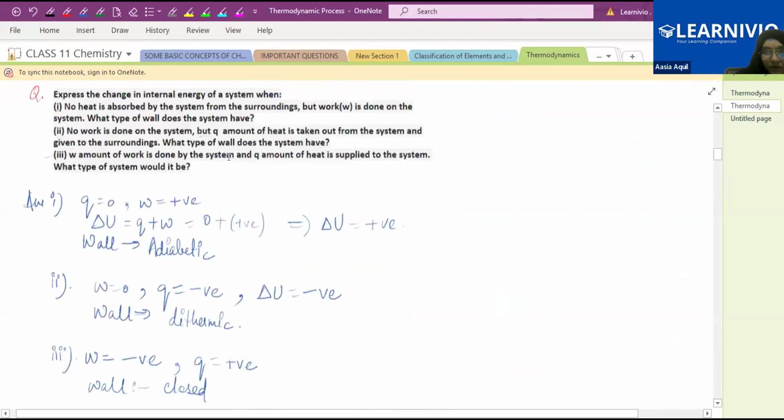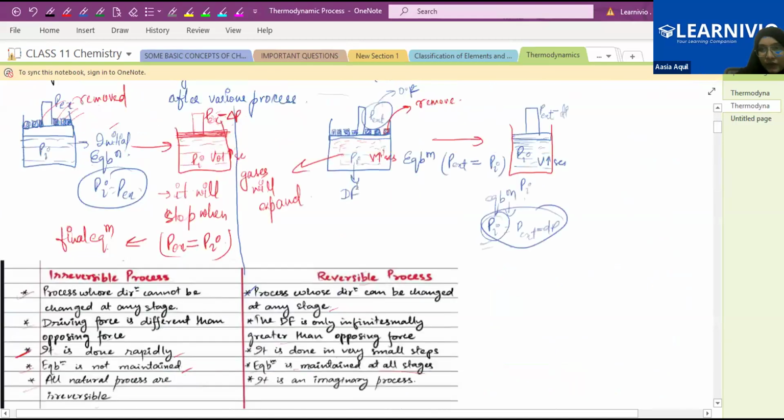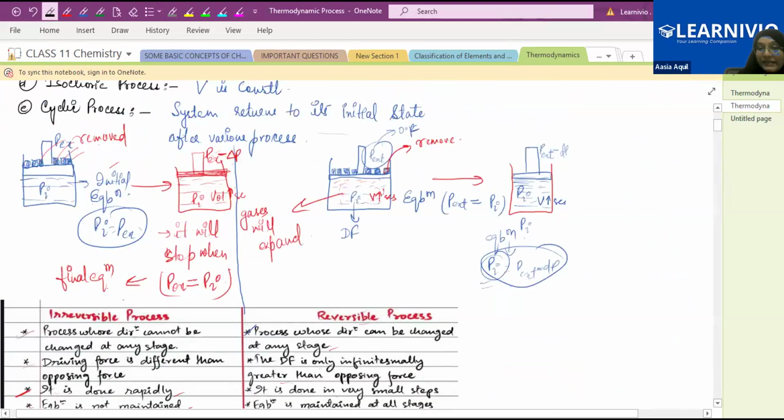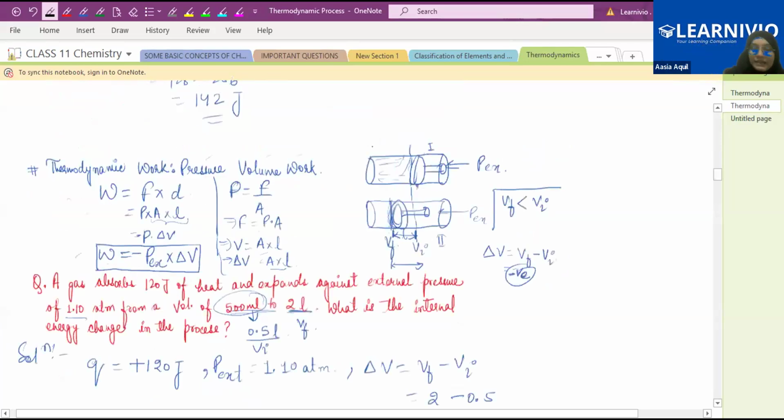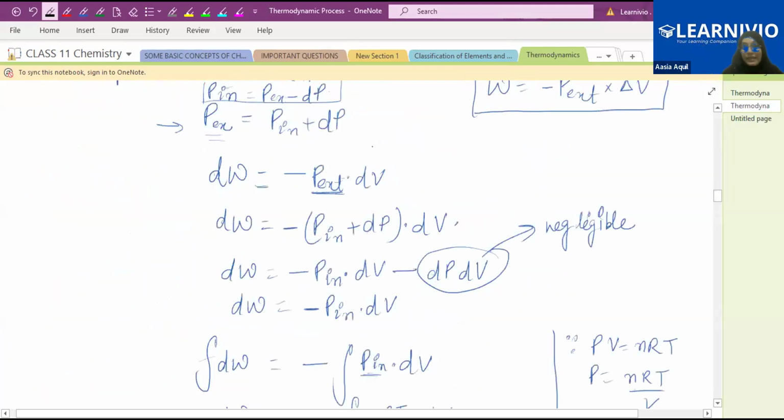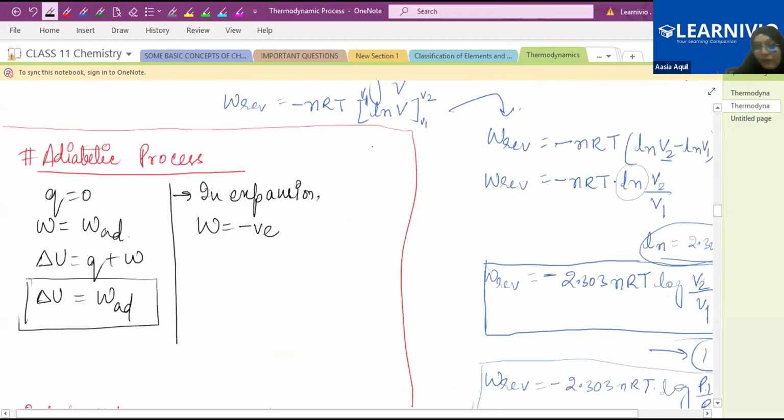Suppose we have just discussed the reversible process case, where the work done was by the system. In the second case, what happens when you remove the weights? The gases will try to expand, so the volume increases. And here the work is done by the system. So here the work will be negative. That's why I've written negative over here.